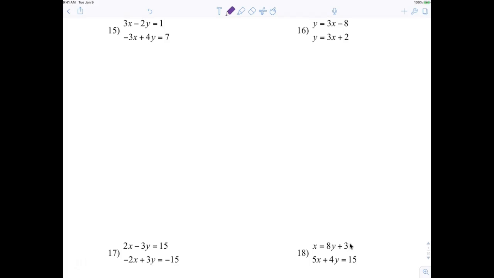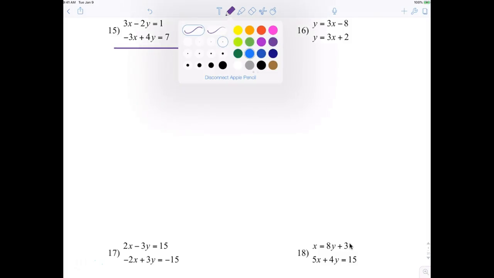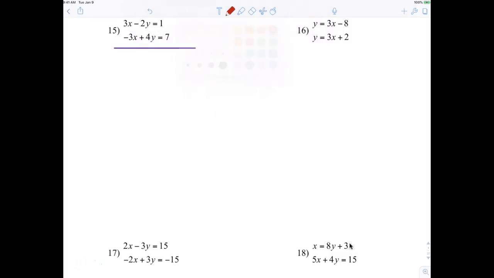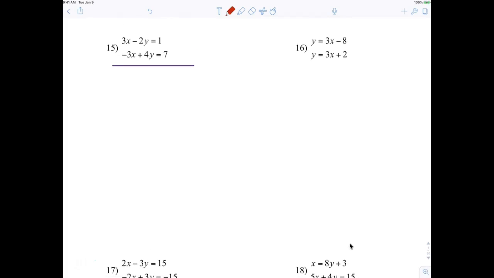All right, now everybody should be getting pretty good at determining what method. Addition. Yep, we're going to add this. All right, when we add this, tell me, Dalton, what do I get when I add to start out?